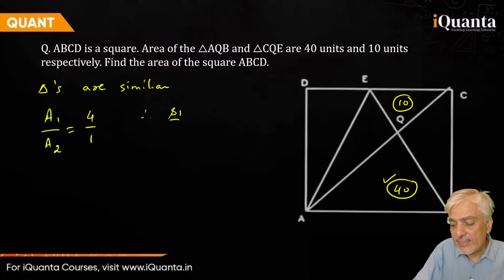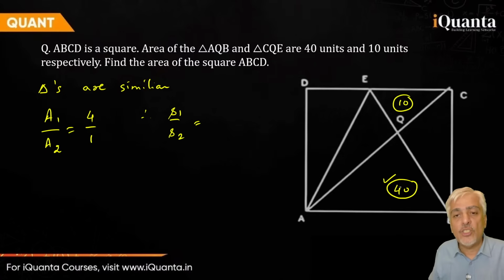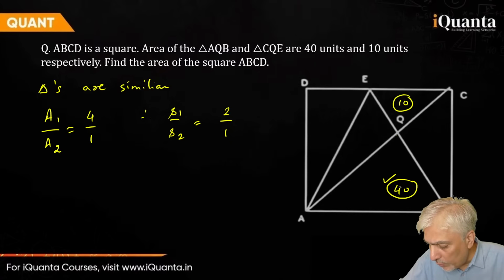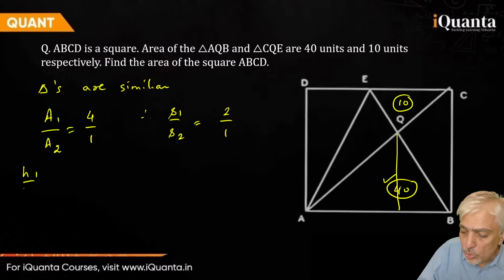Therefore, sides will be in the ratio how much? 2 is to 1. In similar triangles, the ratio of areas is 4:1, so the ratio of sides will be 2:1. If I drew the height over here, the height will also be in the ratio 2:1.